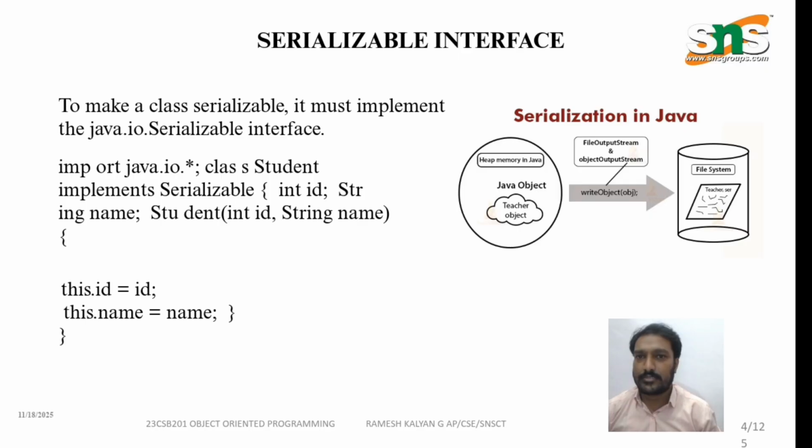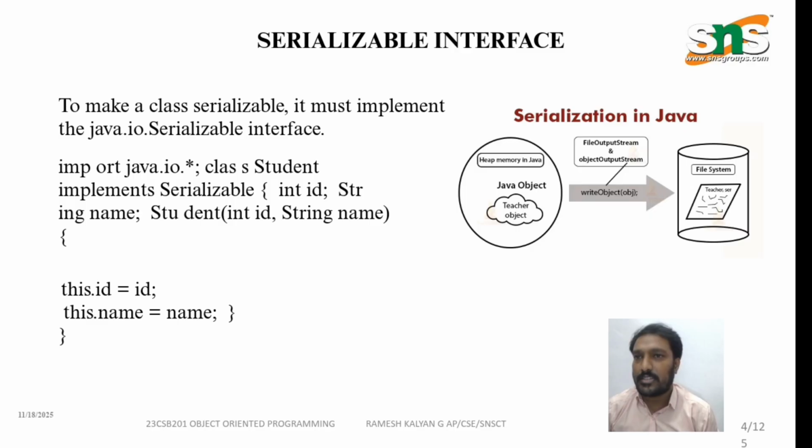To make a class serializable, we should implement an interface called java.io.Serializable. In all programs where you use serialization or the IO process, we have to include the library import java.io.